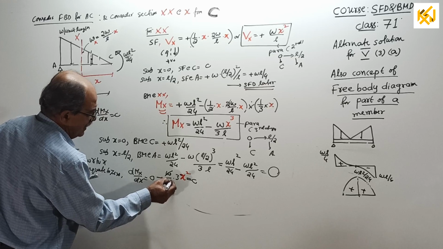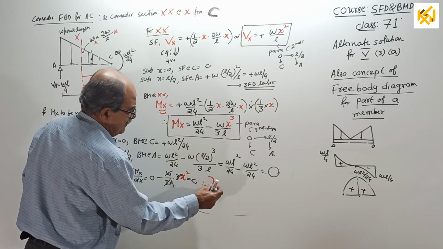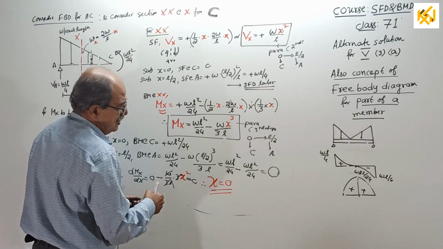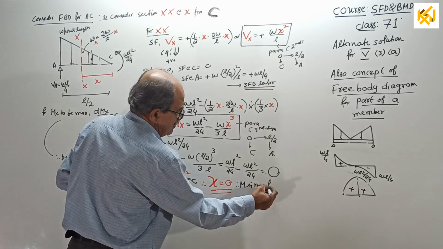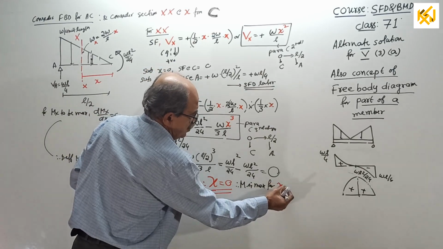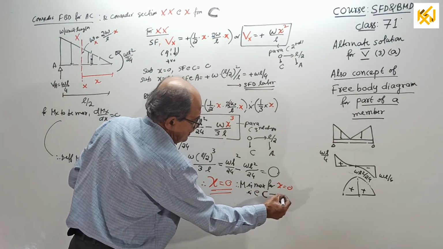W cannot be 0, L cannot be 0, 3 cannot be 0. Therefore, the only chance is x equal to 0. Therefore, M is maximum for x equal to 0, that is at the center C.